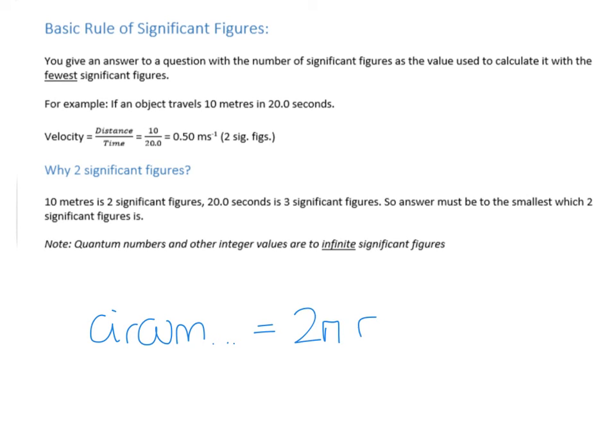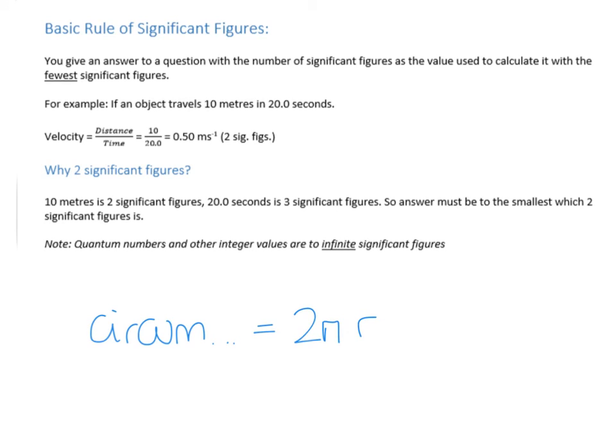If you type them in your calculator, this number and pi will have infinite significant figures. We know it is exactly 2. We don't think it's 2.0 or 2.00, we know it's 2.0 with an infinite number of zeros. And pi also is to an infinite number of significant figures. So the thing that's going to limit you is going to be the radius that you have measured.